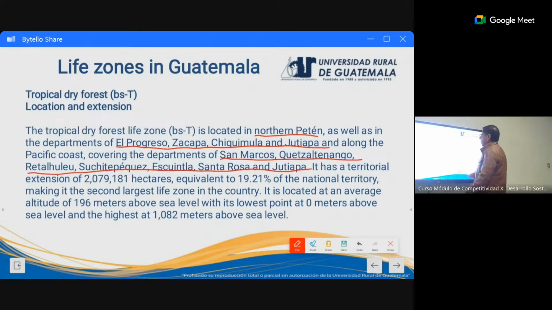It has a territorial extension of 2 million hectares.